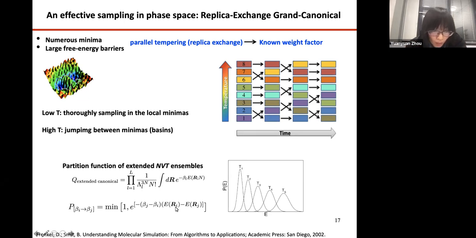We can see the probability is related to the energy difference between the two configurations. This tells us that it is better to swap only between neighbors, and it is better when the energy distributions of neighbors have significant overlap. Otherwise, the probability is quite low and the swap is always rejected. If we have a good overlap between neighboring replicas, the statistics will be better.